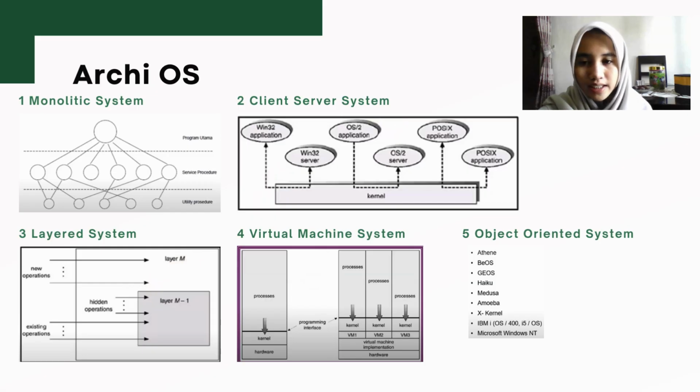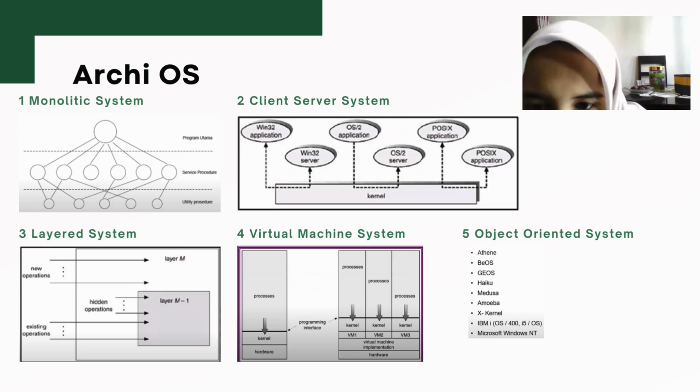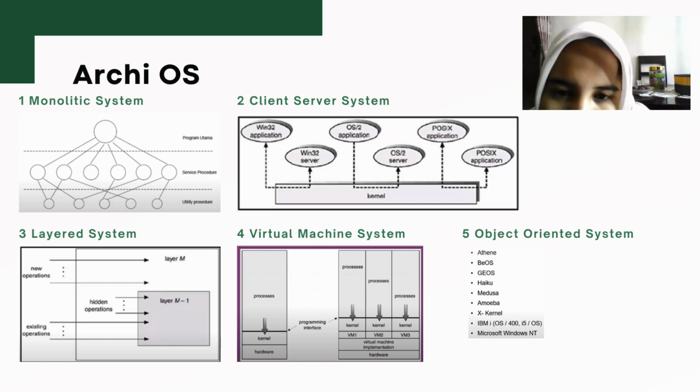Okay, the next point is operating system architecture. We can make an operating system with a variety of architectures, like the monolithic system, which you can read here. It has a main program, service procedures, and utility procedures.